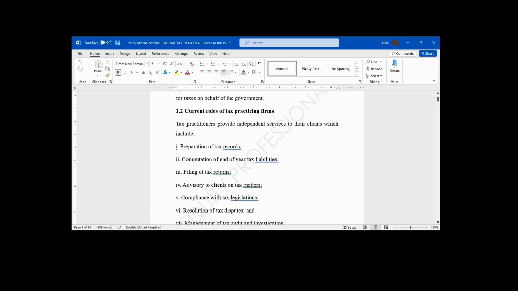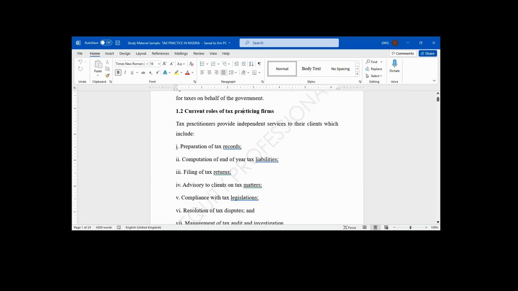It can be annual tax return, which is company income tax and hydrocarbon tax. So filing of tax returns is one of the key roles of a tax practice firm.